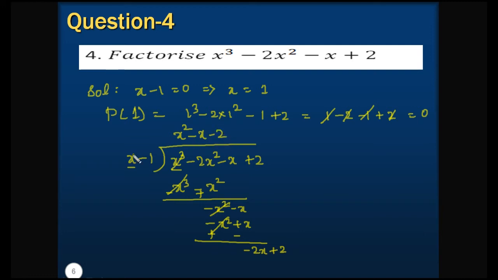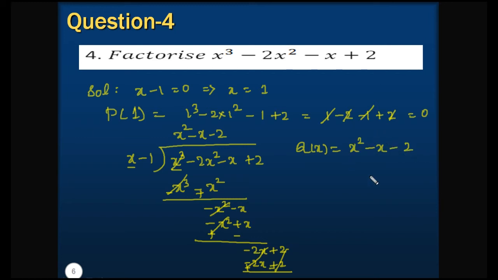So minus 2 into x is minus 2x, minus into minus is plus 2. On subtraction, these two will cancel out. So the quotient q of x is equal to x square minus x minus 2, which is a quadratic equation.